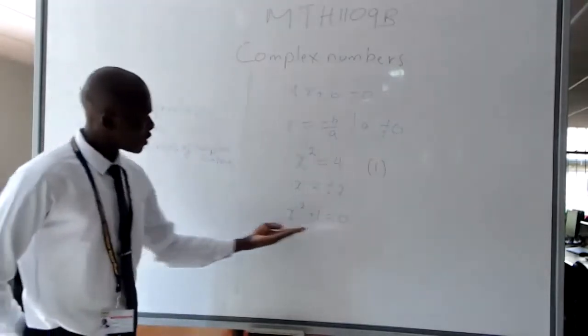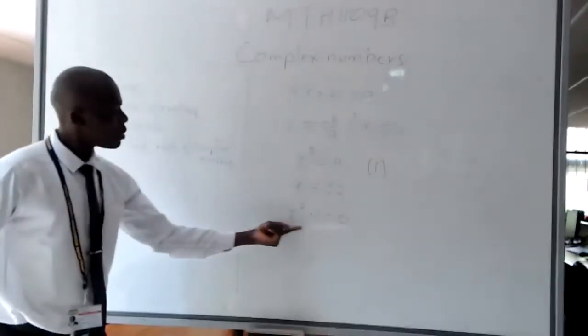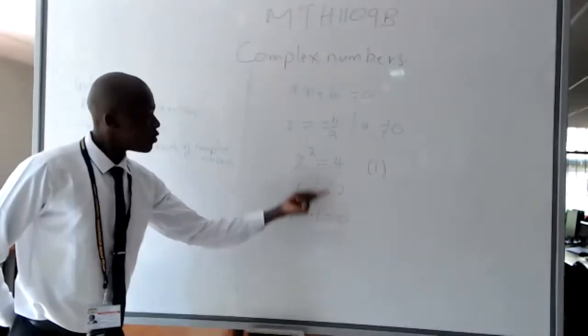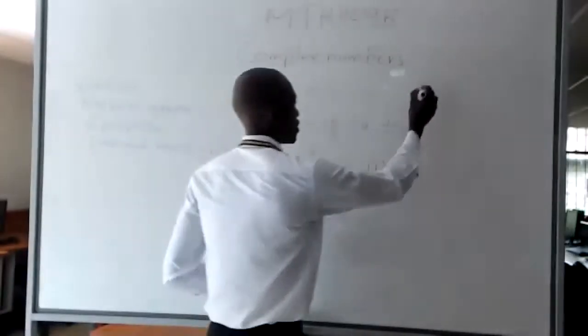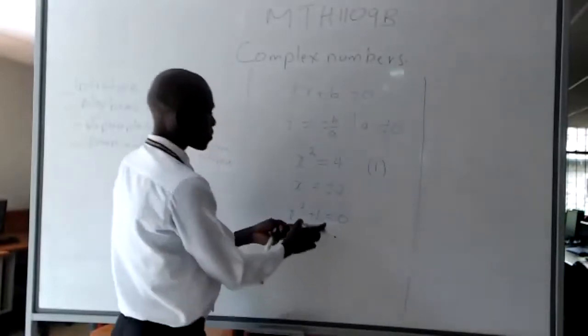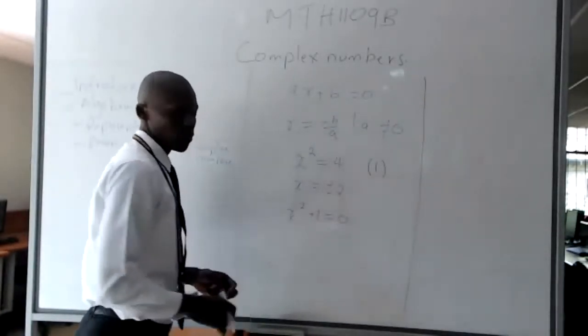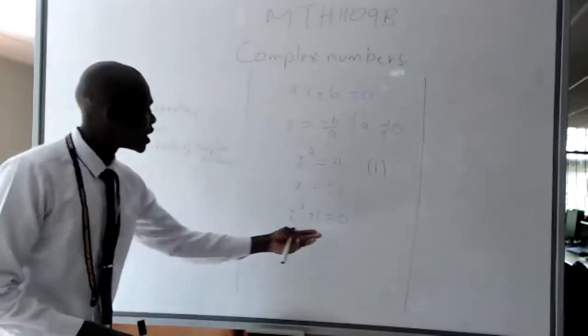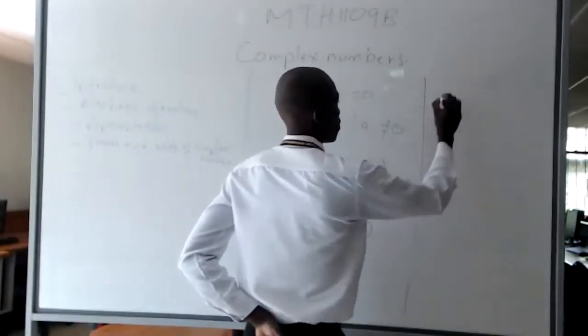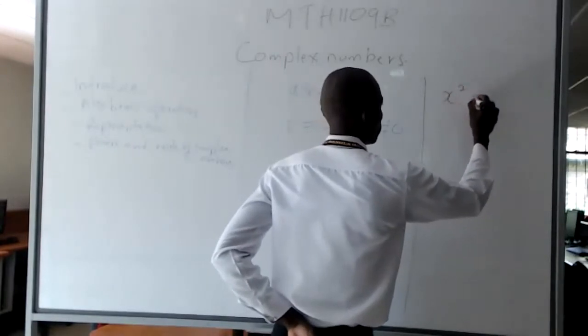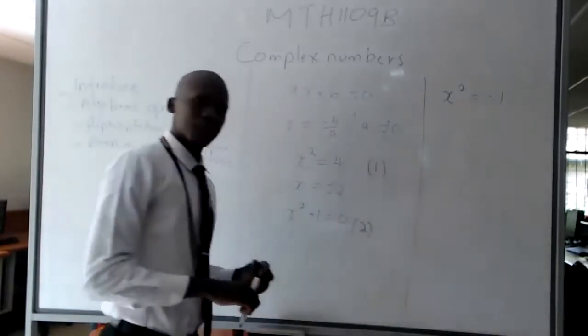If you try solving an equation like this, x squared plus 1 is equal to 0, following the same approach or via the same analogy, then you will first of all subtract 1 from both sides, or add negative 1 to both sides, so that from this equation 2, you have that x squared is equal to negative 1.